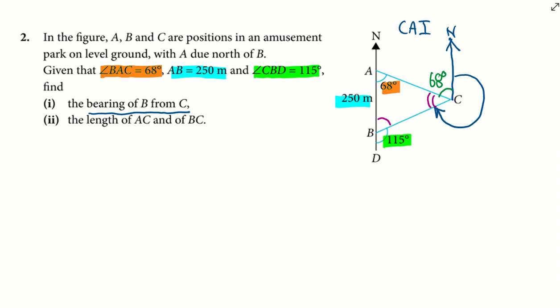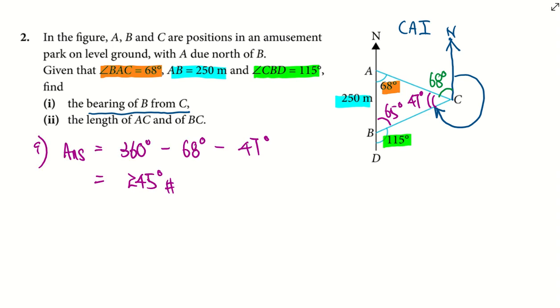Let me write that down. Like I said in the previous question, it's very important to have all the important information within the triangle. Now with that, I can find angle ACB based on sum of angles in the triangle. Now that I have filled in all the important angles, I can find the bearing that I require. And I managed to get 245 degrees for the bearing of B from C.